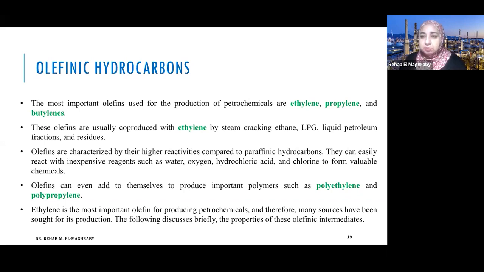Olefins are very valuable building blocks, and the petrochemical industry is mainly based on olefins. Natural gas contains mainly paraffin, no olefin, so the paraffin has to be converted to olefin to get more valuable material.